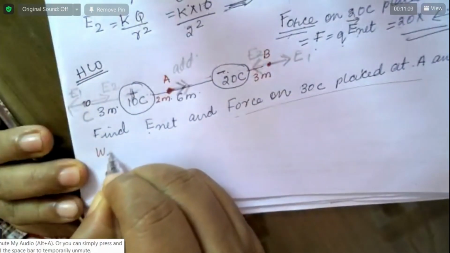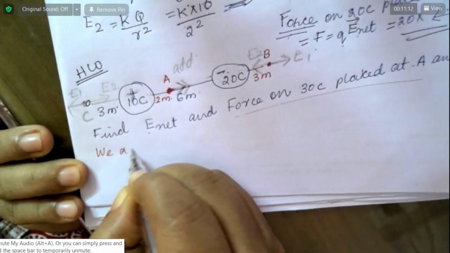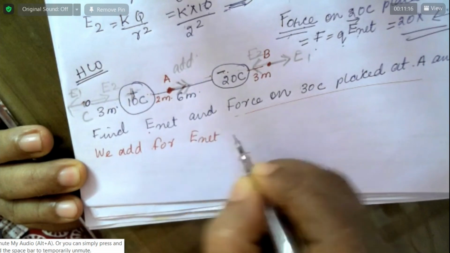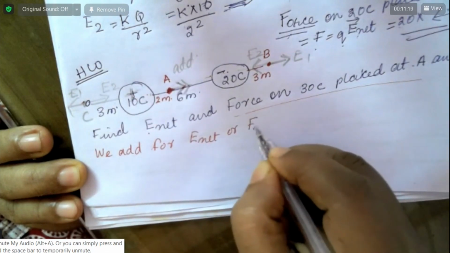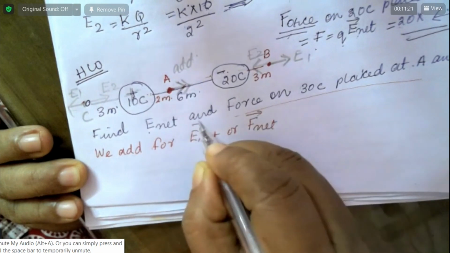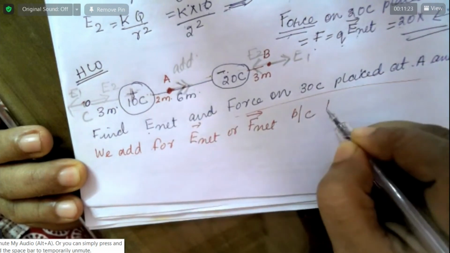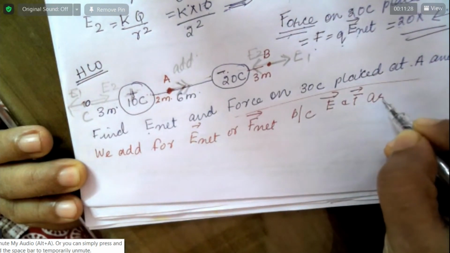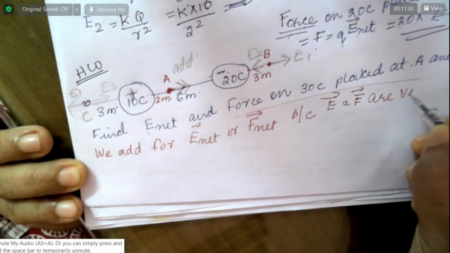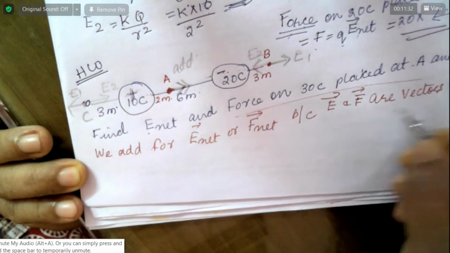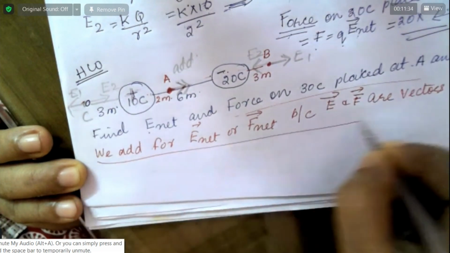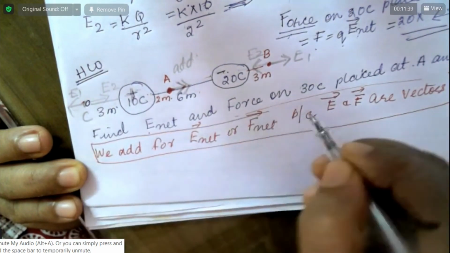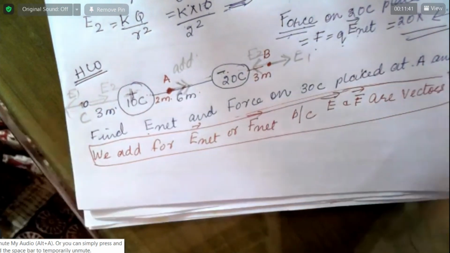We add for net electric field or net force because electric field strength and force are vector quantities. Vectors. Because later, after this, I'm going to teach you something that is scalar, for which this is not the way.